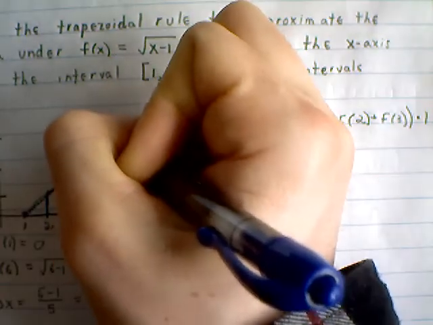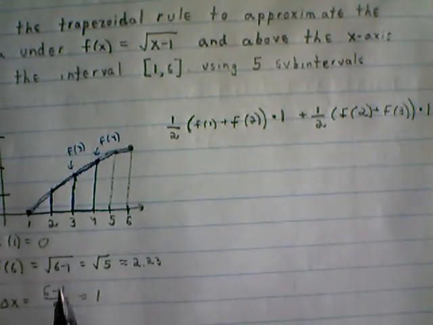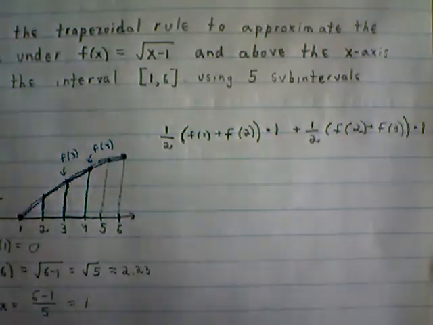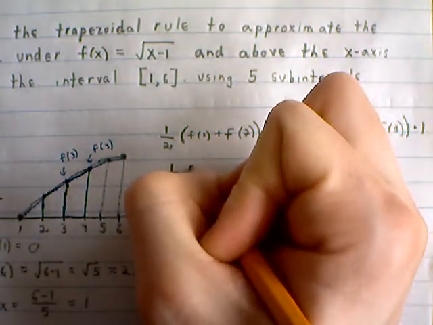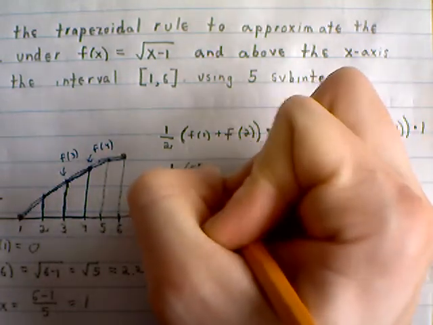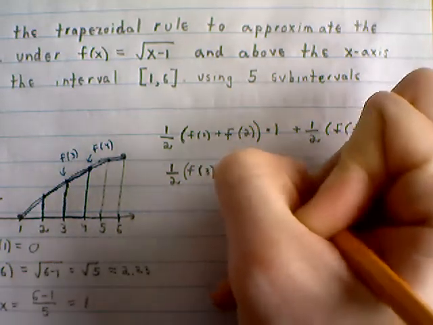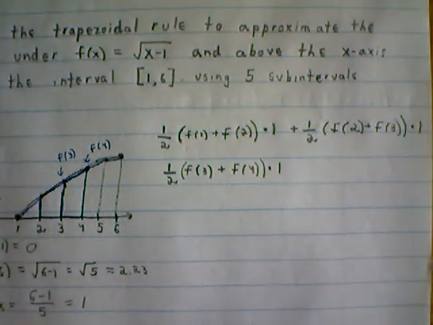Base 2 is going to be f of 4. The area of the trapezoid is 1/2 base 1 plus base 2 times the height. So my next trapezoid is going to be 1/2 f of 3 plus f of 4 times 1, my delta x.